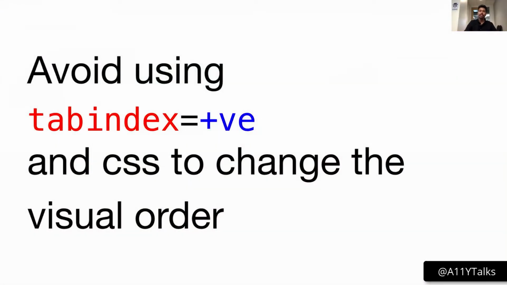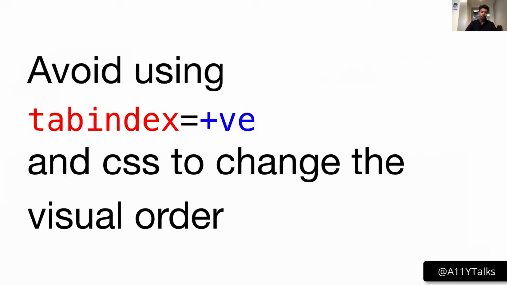However, in this video, the tab navigation is non-deterministic. As you can see, I expected something else to be focused and it focused something else, leading to a cognitive overhead as it did not match the user's expectation. So if we want deterministic tab navigation, we must avoid positive tab indexes and CSS to change the visual order.